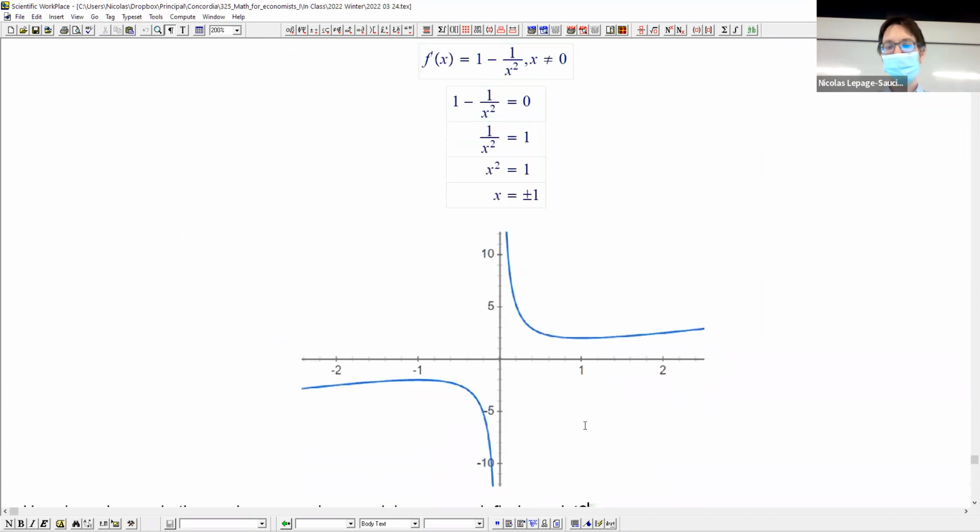Okay, so I have it here, and I know that -1 and +1 are indeed my critical values. And I can pretty much see that here -1 is a local maximum and +1 is a local minimum. But how would I have known that if I didn't graph my function?